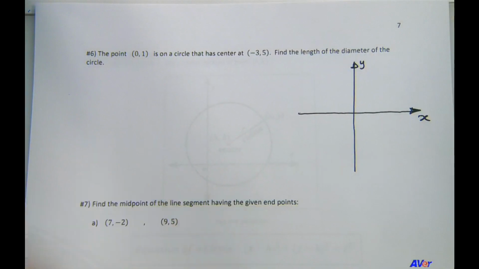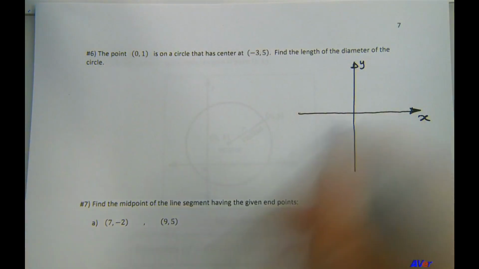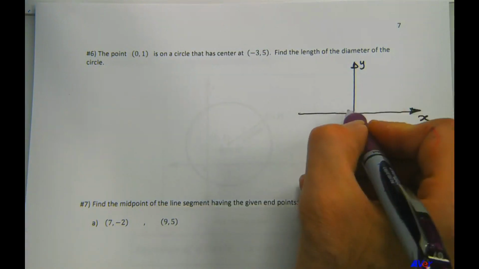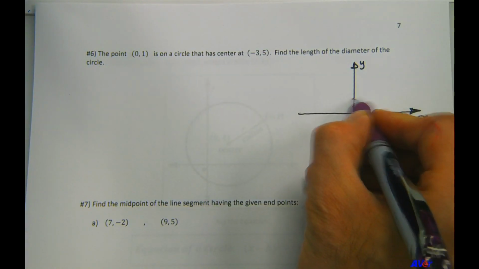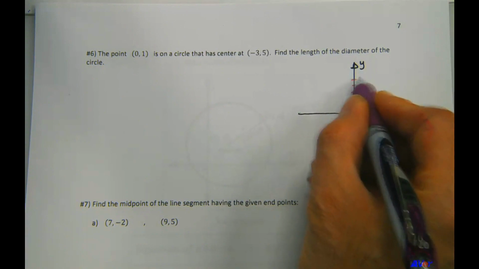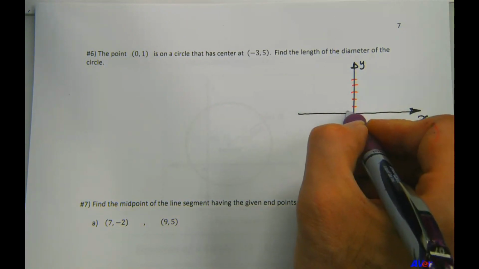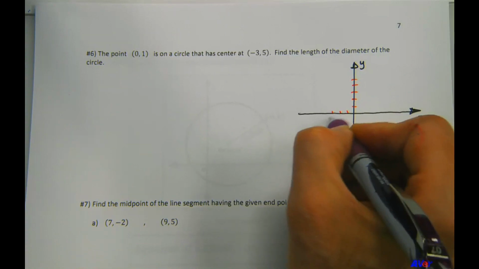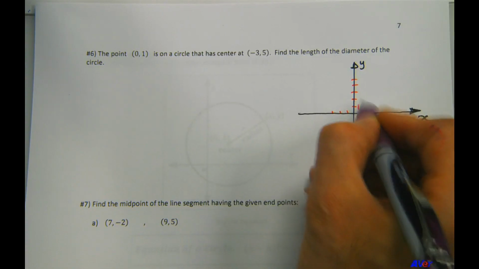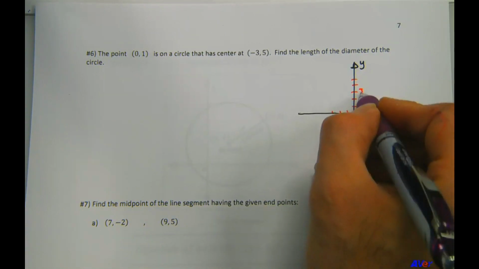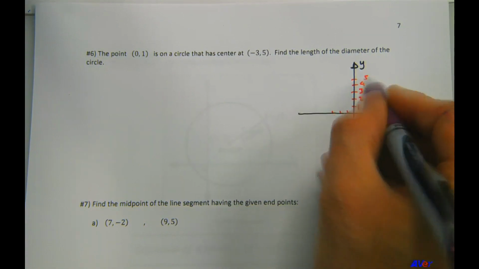Okay, these are easy numbers, 0, 1, and negative 3 comma 5. So let me mark 1, 2, 3, 4, 5, and 1, 2, 3. Okay, 1, 2, 3, 4, 5.